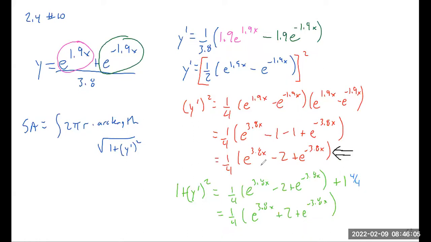And notice that that came from squaring the e to the 1.9x minus e to the minus 1.9x, right? Just squared those. Well, the minus 2 came from the fact that we were subtracting. What would it have looked like if this had been a plus?